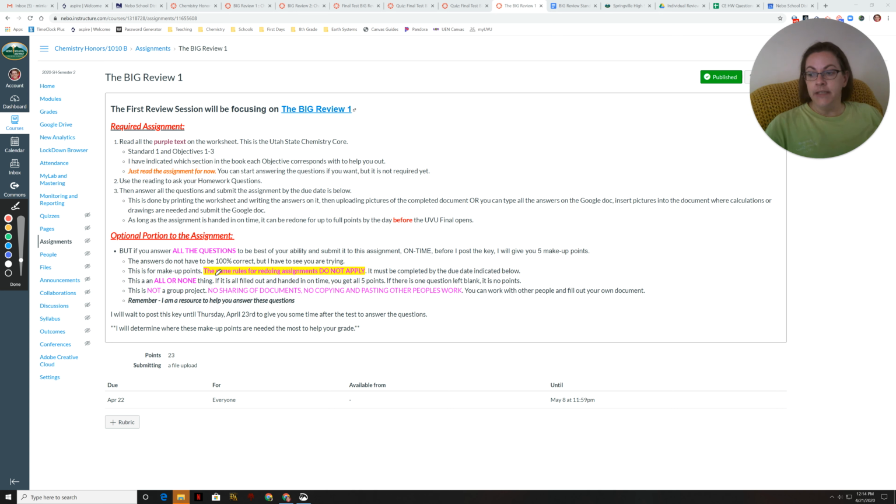Okay, these are makeup points. Here is something you need to understand. These are makeup points. The same rules for redoing assignments do not apply. If you submit a partially done document on time, you do not get the 5 makeup points.